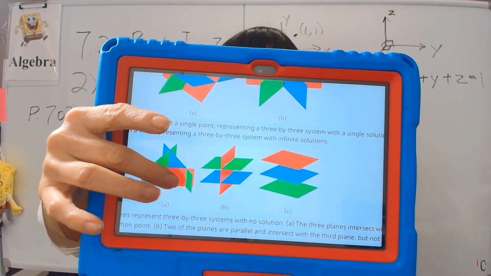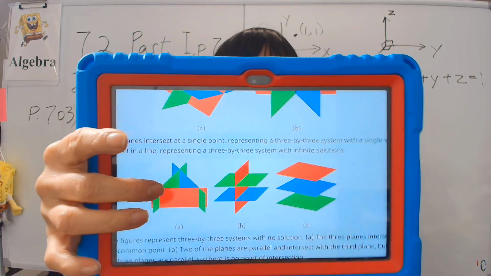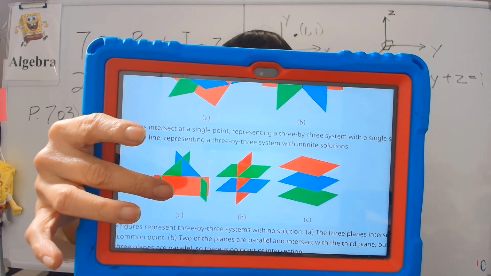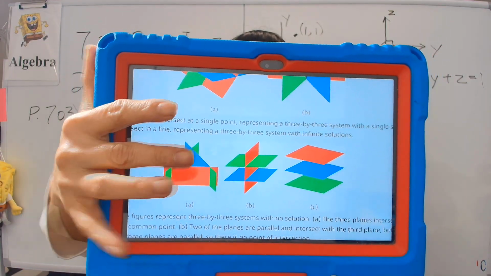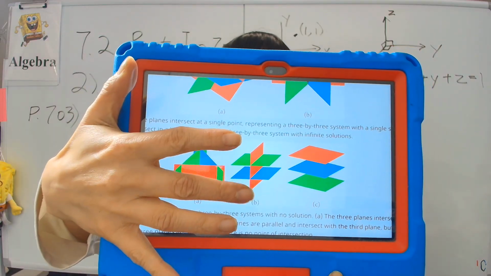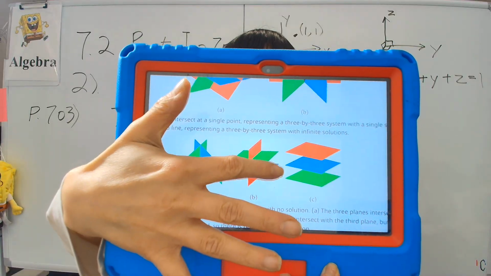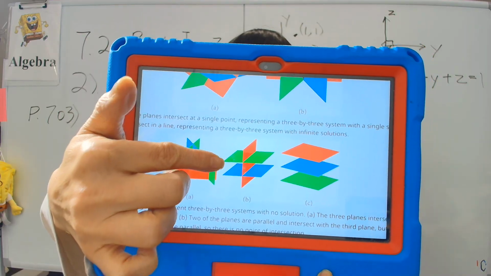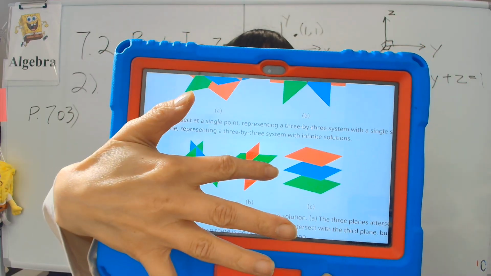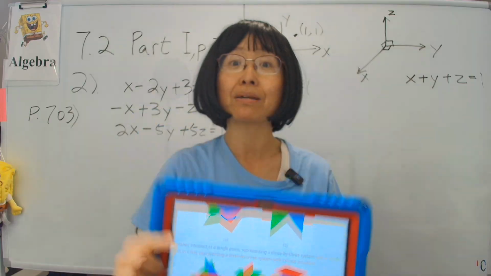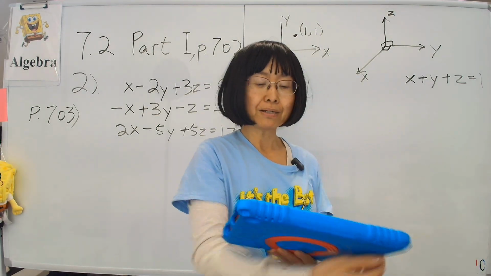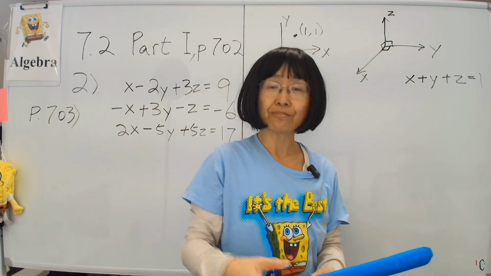Next, the 3 planes might not intersect at the same point at all. 2 of them might intersect, but all 3 of them don't intersect at the same place. So you have this situation or this situation, or worse, all 3. In this case, only 1 plane intersects the other 2, but the other 2 are parallel. Or you can even have all 3 planes parallel. It all depends on your equations and how they are arranged. I just want to give you a quick idea.